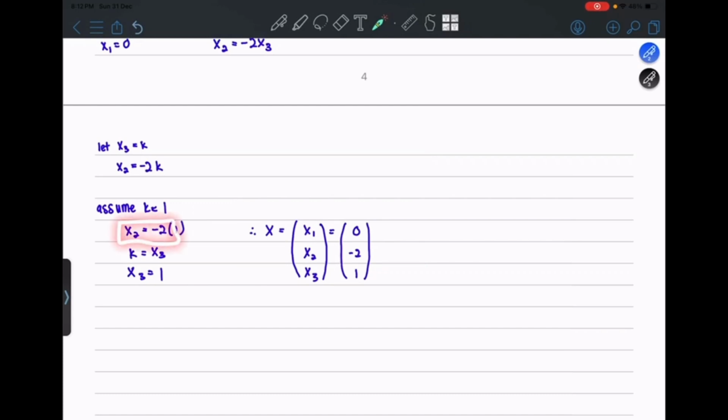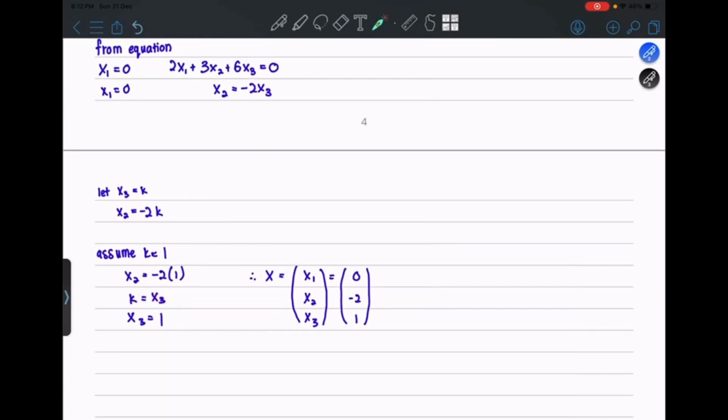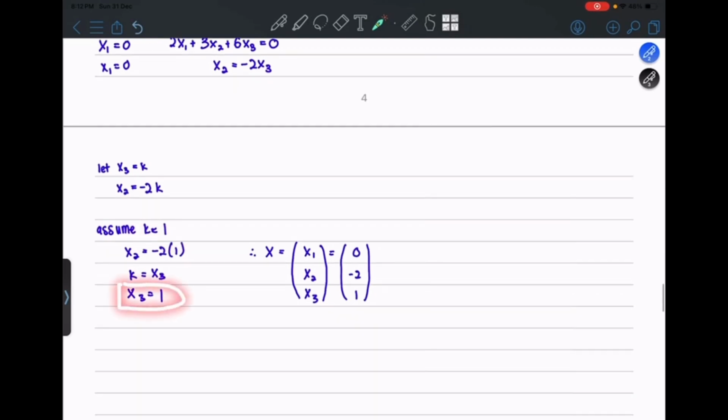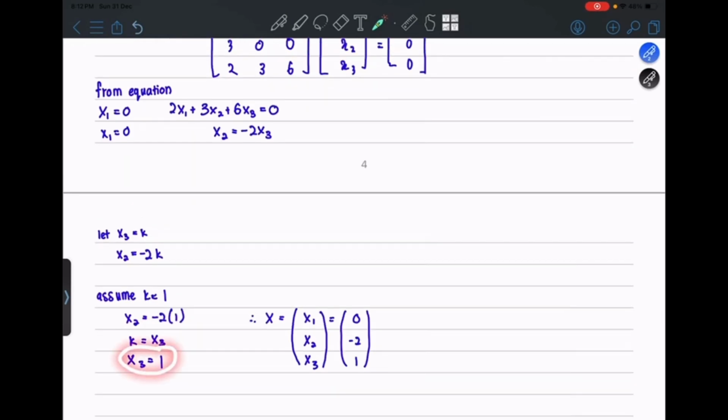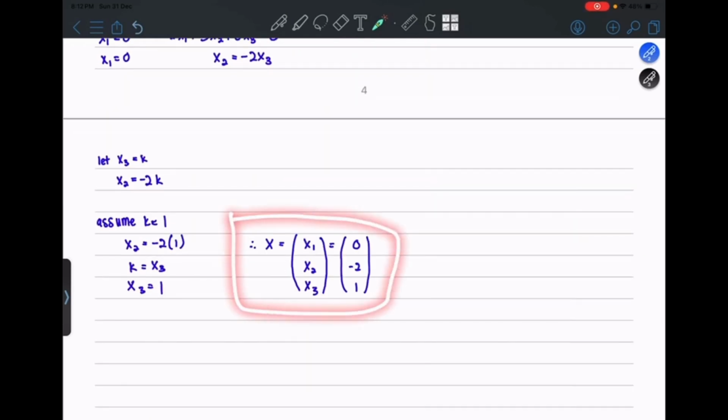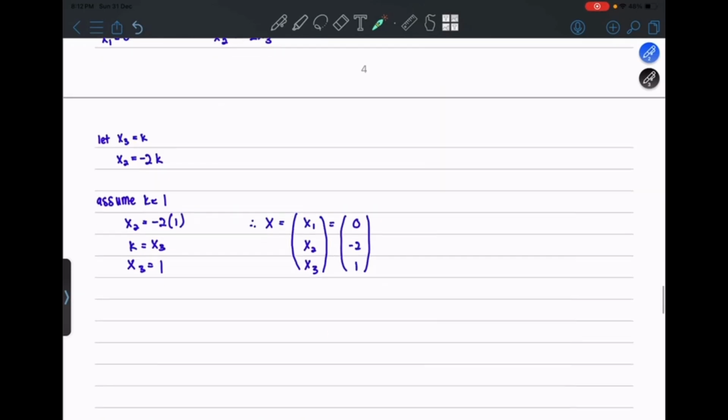Since we let x3 equal k, and k equals 1, that means x3 equals 1. Then you put all of these numbers inside here, and we get the answer for the vector.